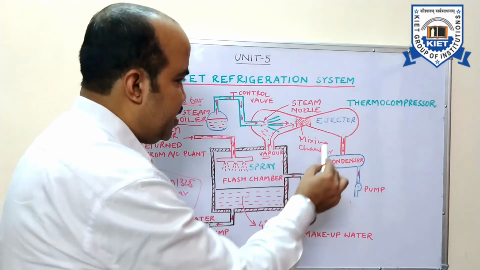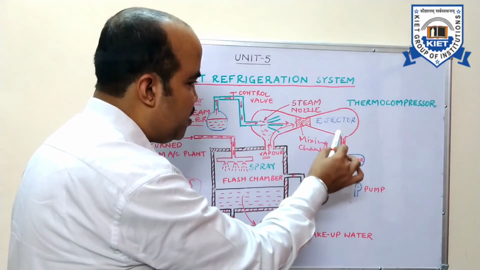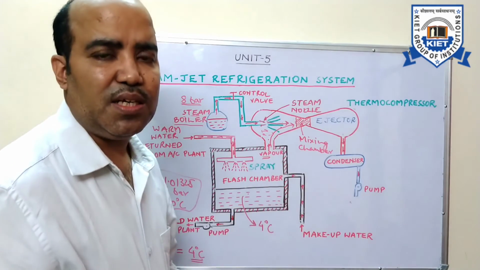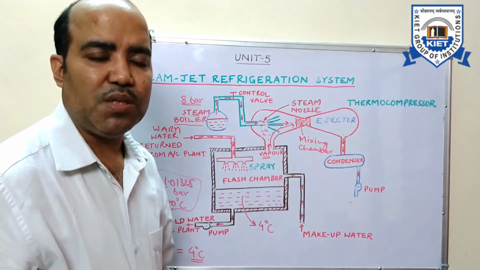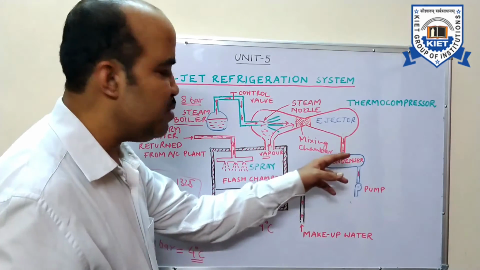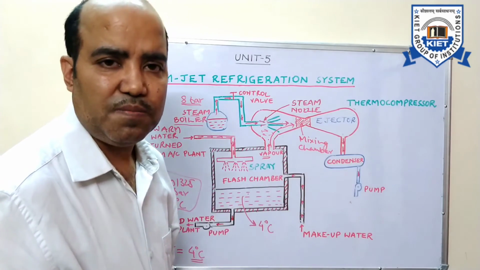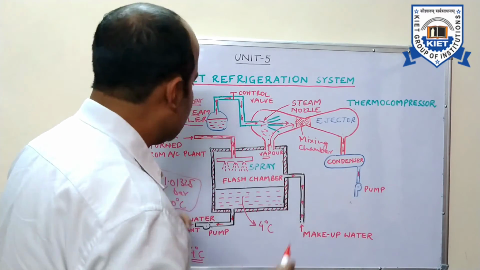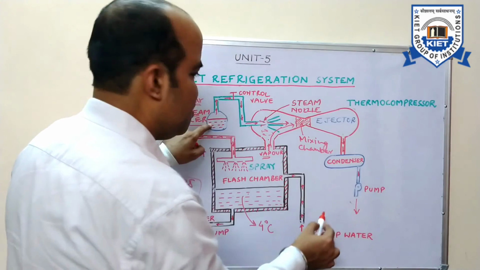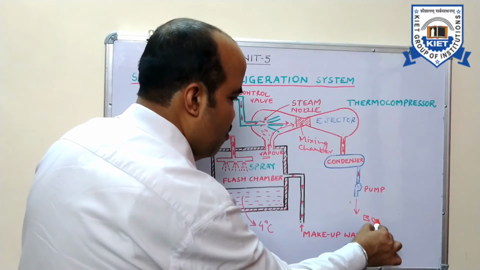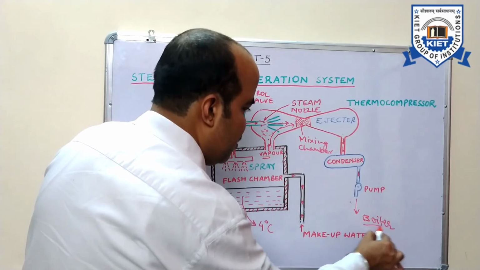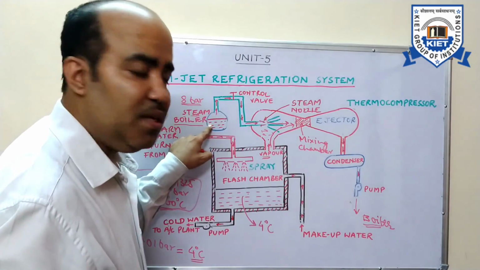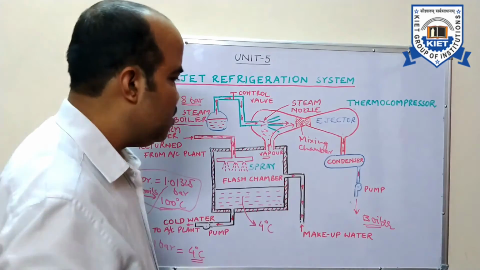Then the steam along with the vapor enters the condenser, where we again supply some water from the cooling tower to convert the steam and vapor mixture back into water. Then with the help of this pump, the water is again supplied to the boiler over here. I hope this part is clear to all of you.